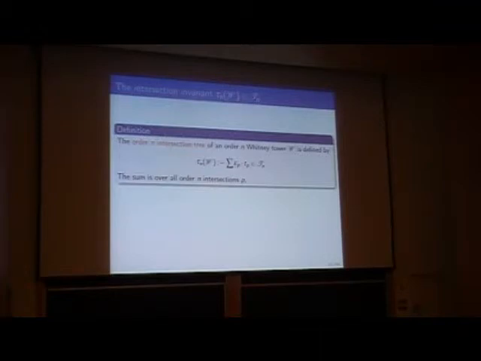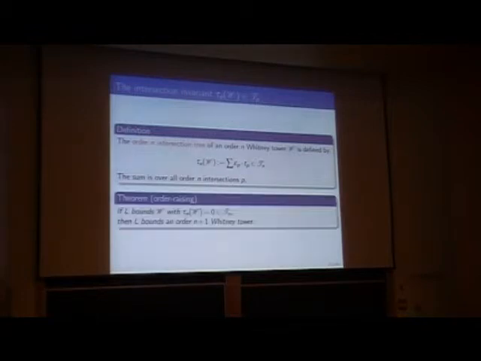And then, if we take an order n Whitney tower and add up all the order n trees we see, again ignoring the orientation conventions, but you can get a sign here just like the usual intersection number between surfaces in a four manifold, and you take this sum and interpret it in this tree group modulo the anti-symmetry and the IHX relations, and that's your order n intersection invariant. And if it vanishes, then you can build the next order Whitney tower.